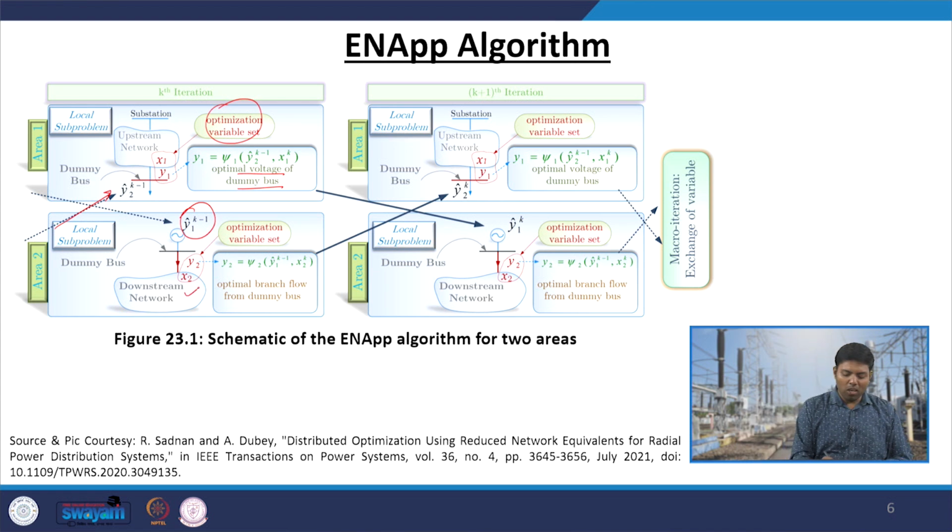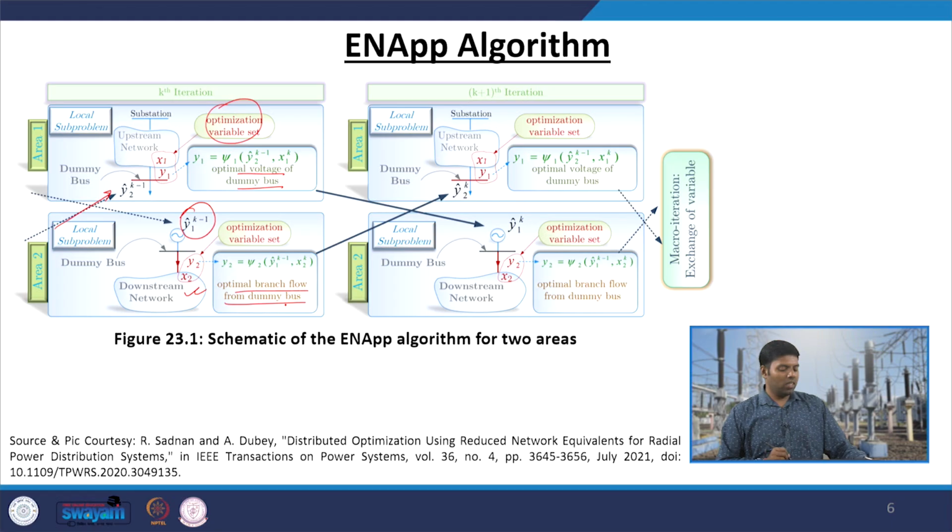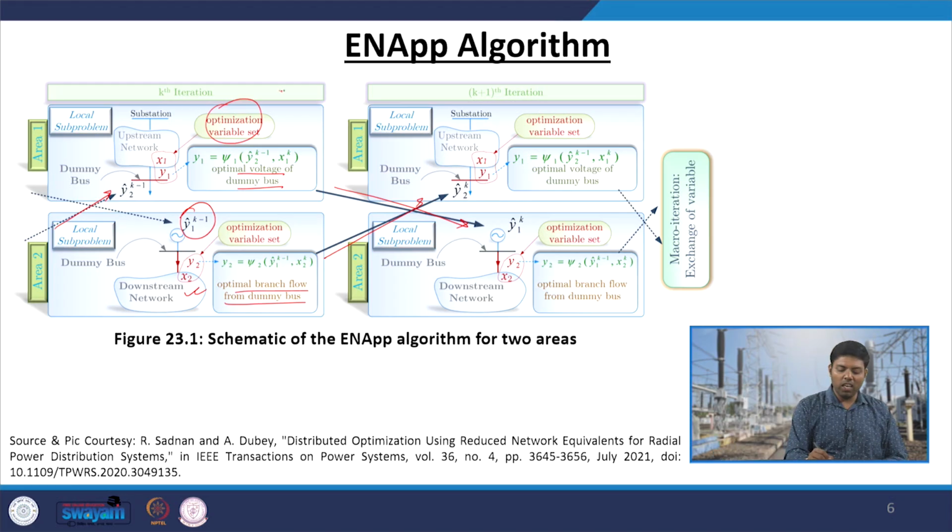You will solve that optimization and you will get the branch flow values for the dummy bus. Then share that in the next iteration. For the next iteration, the downstream area will share the power and the upstream will share the voltage, and that will continue till you reach the consensus, and each iteration is called a macro iteration. Okay.